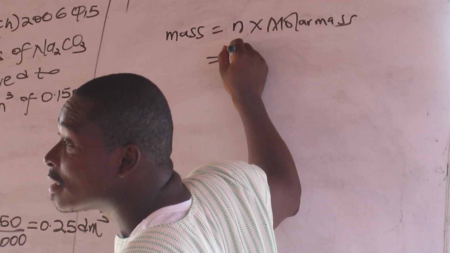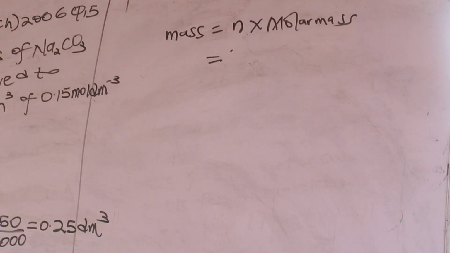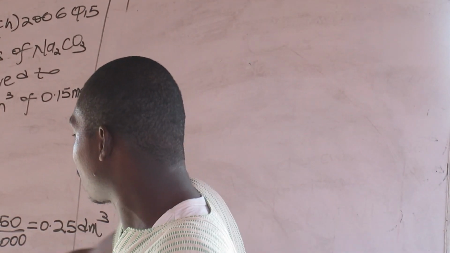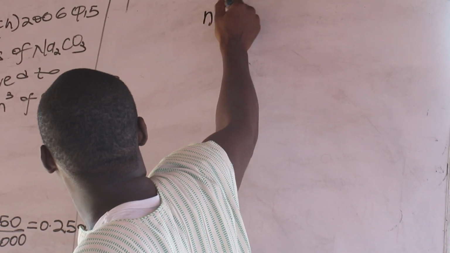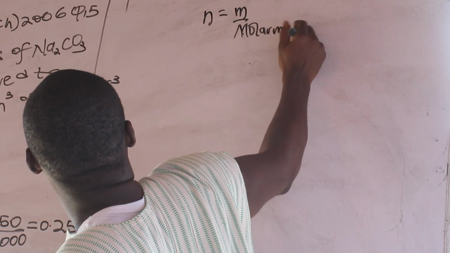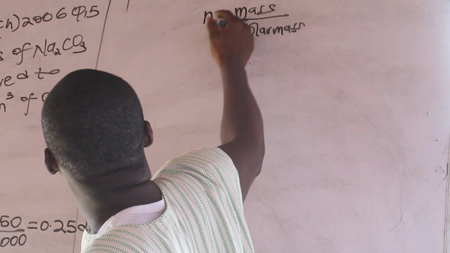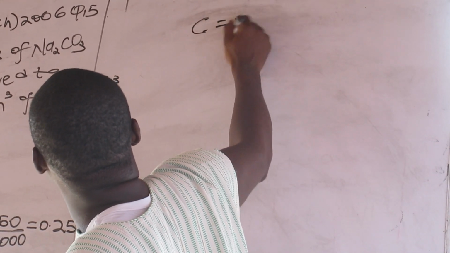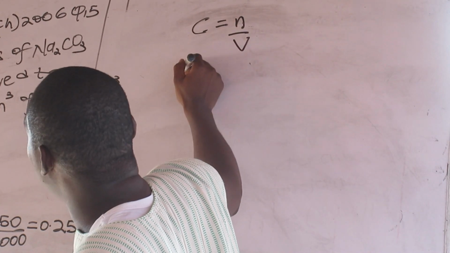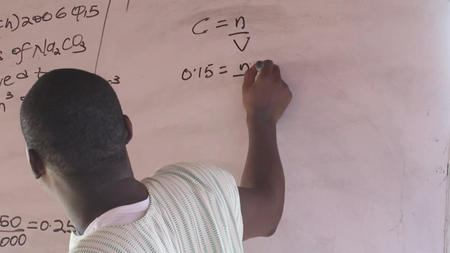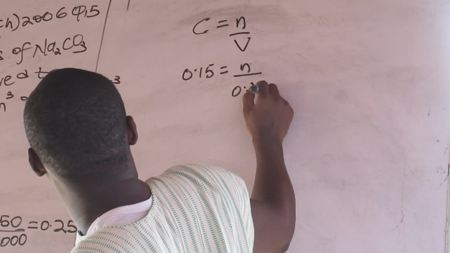Right? Good. Now what is the number of moles here? We don't know it. Then I think I still have to look for my number of moles. You see that? So N equals mass over the molar mass. Good. Now number of moles, no, I can't use this. I'd rather use concentration equals N over V, right? So that I can generate my N. So this is 0.15 and the volume is 0.25.